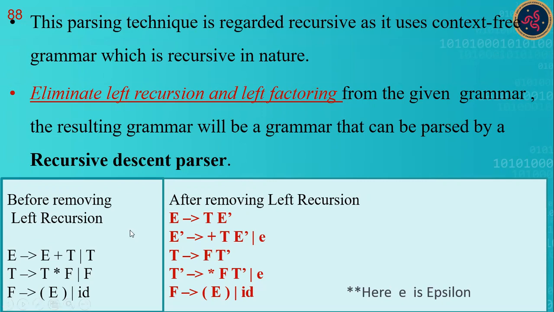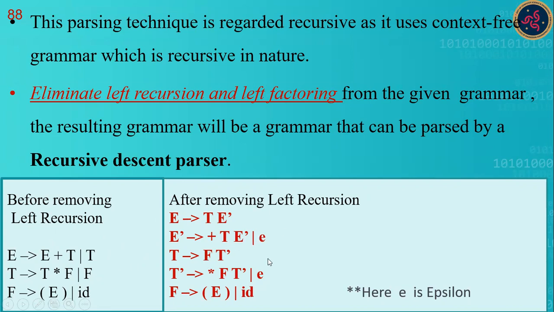Okay, so here is an example that shows the removal of left recursion. Given three productions, we have three different non-terminals, capital E, capital T, and capital F. Here this is a left recursion, so we need to apply the respective rules for removing the left recursion.